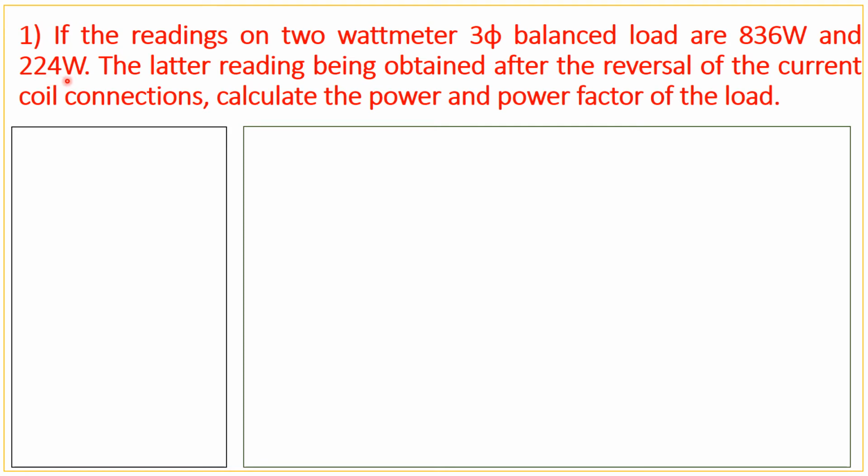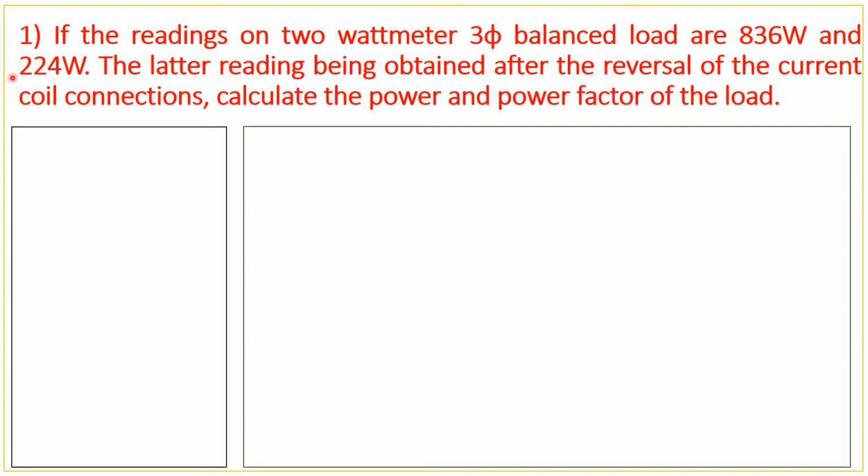So whenever you reverse, you must consider this as negative. So remember students, if there is a reversal, it means the value of the wattmeter should be taken as negative. If they had told that the first reading was obtained after reversal of the coil, then you should have taken this as negative. But here the latter reading means this should be taken as negative.